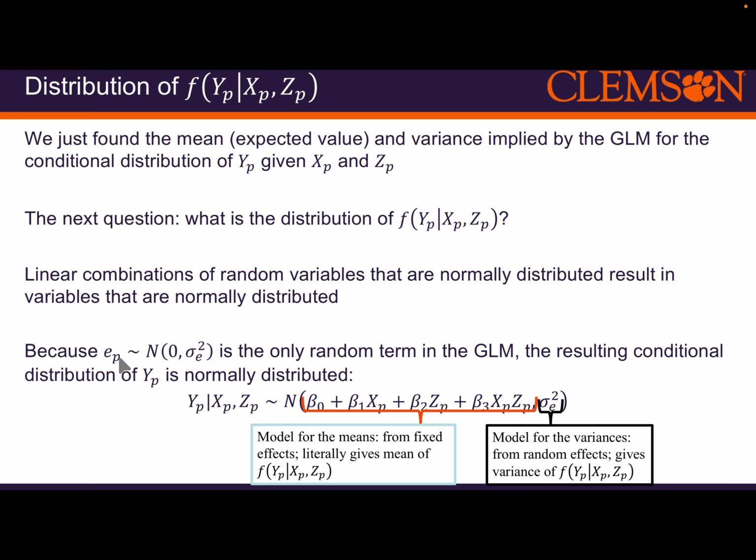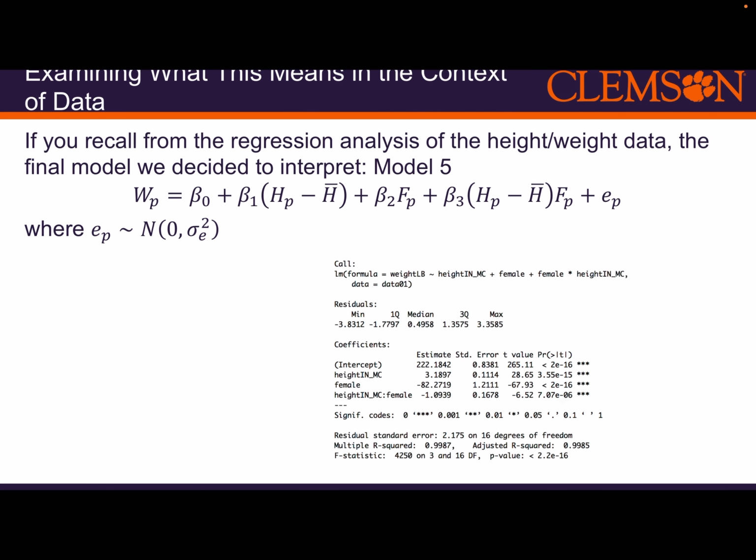So because error follows a normal distribution and is the only random term in this GLM, the resulting conditional distribution of y is also normally distributed. So now we can show that the conditional distribution of y given x and z is normal, where the mean is given by the regression line, and the variance is given by sigma squared error. Both of those things came from our previous slide.